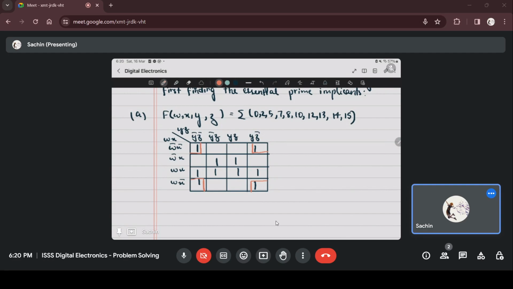x prime z prime. X prime z prime is an essential prime implicant because this one and this one cannot be covered by any other group that is also a quad or a larger group.